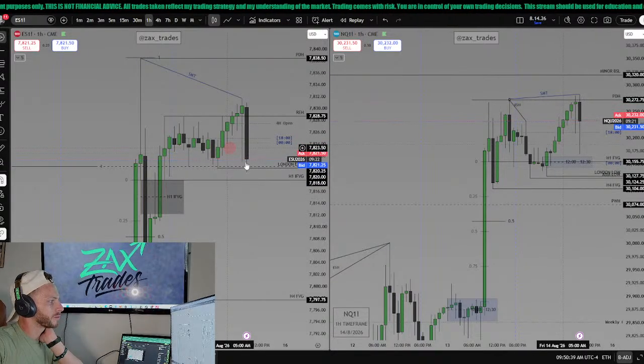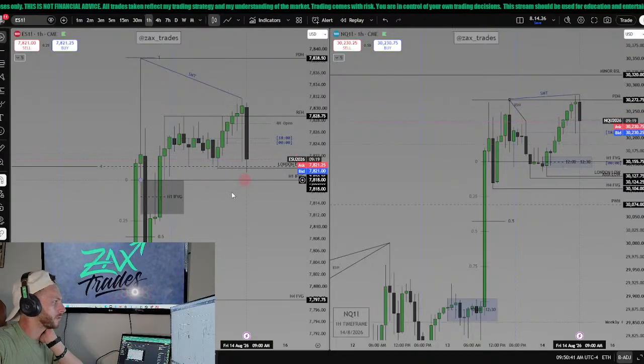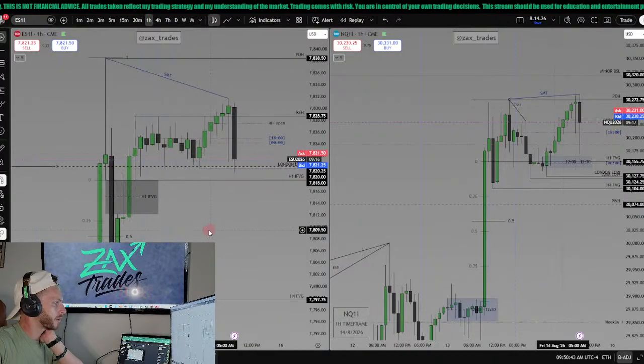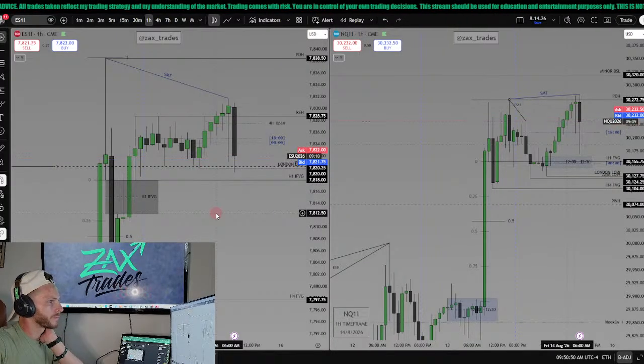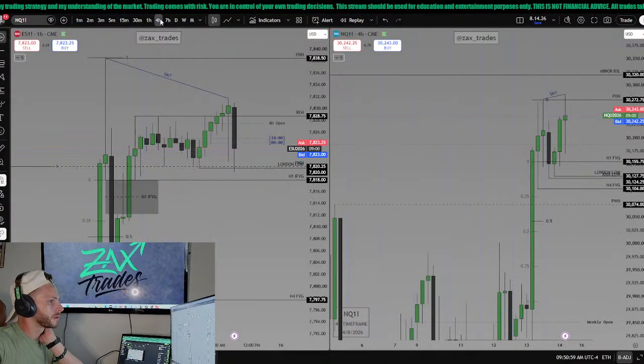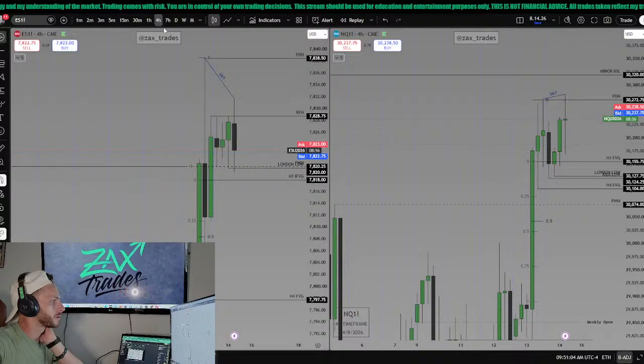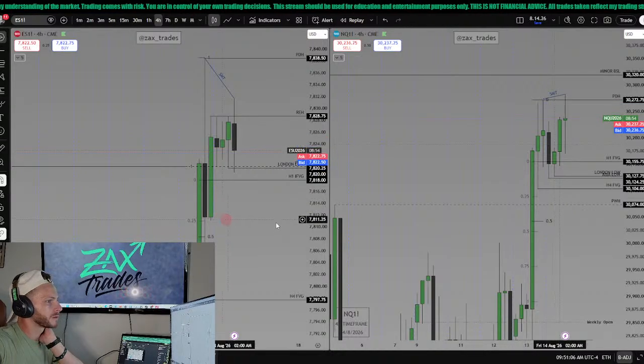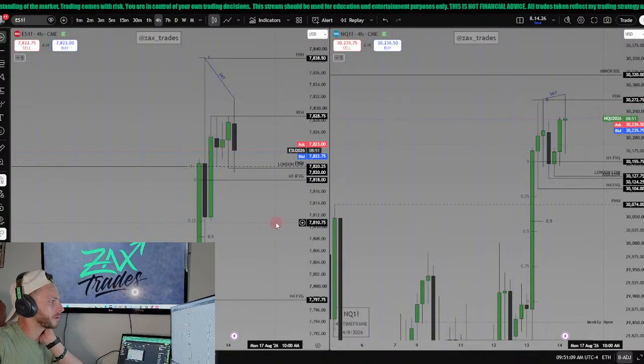Although ES has a very bearish candle printing right now on the hourly, we don't know if this has really made up its mind for the session. NQ keeps bouncing up and down. Check the 4 hours here. So they're running pretty similar to each other.